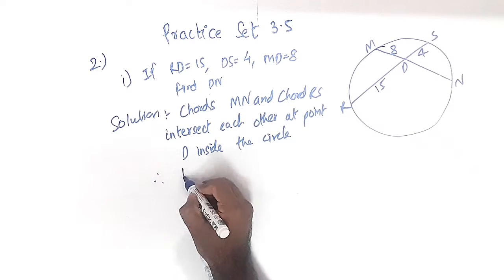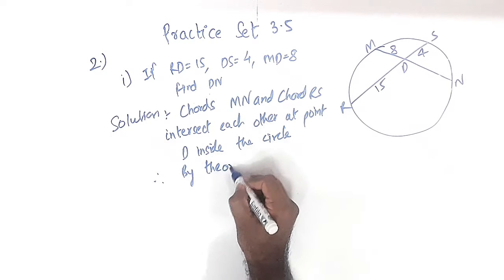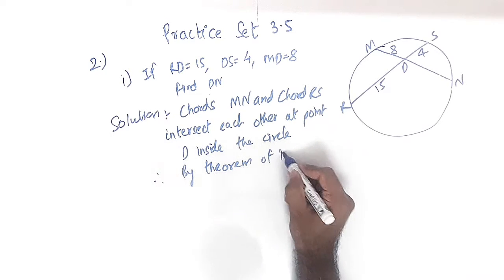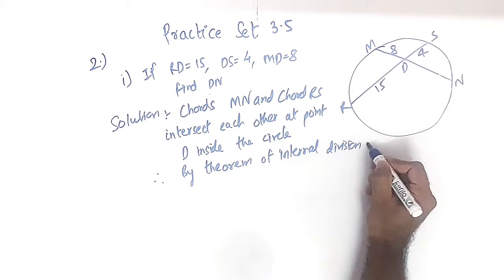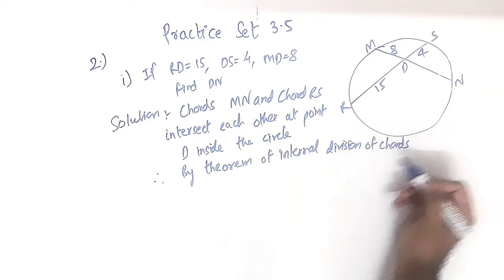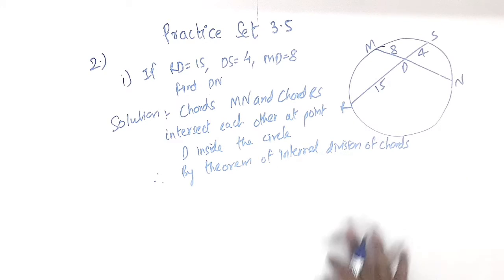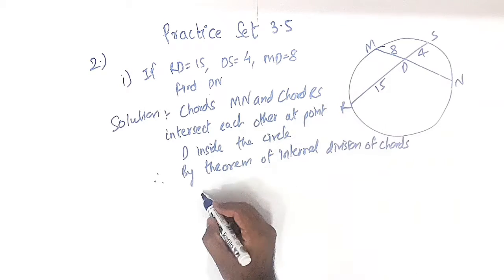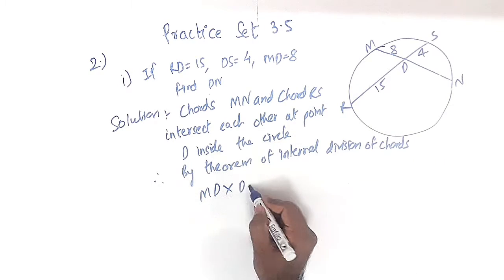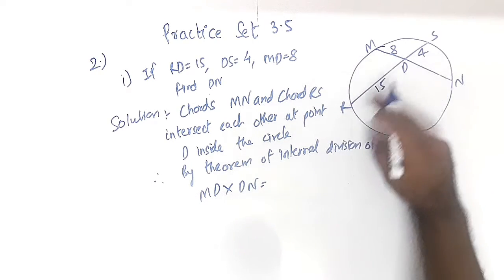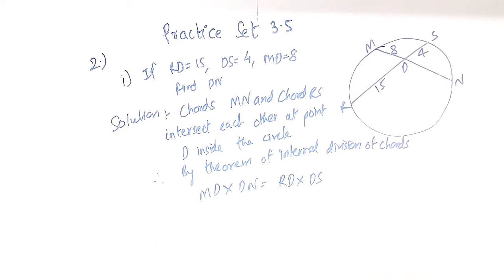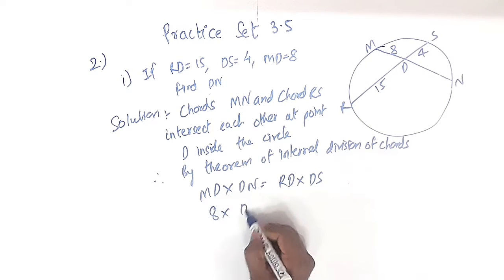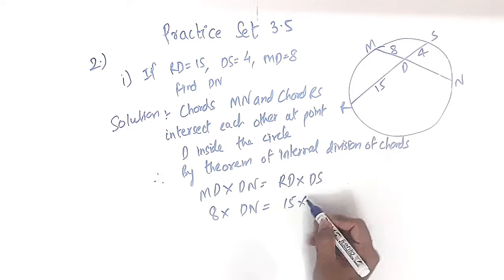Therefore, by the theorem of internal division of chords, we'll have MD into DN is equal to RD into DS. Very simple. Only this much formula you have to learn, then you can do any sum of this type.